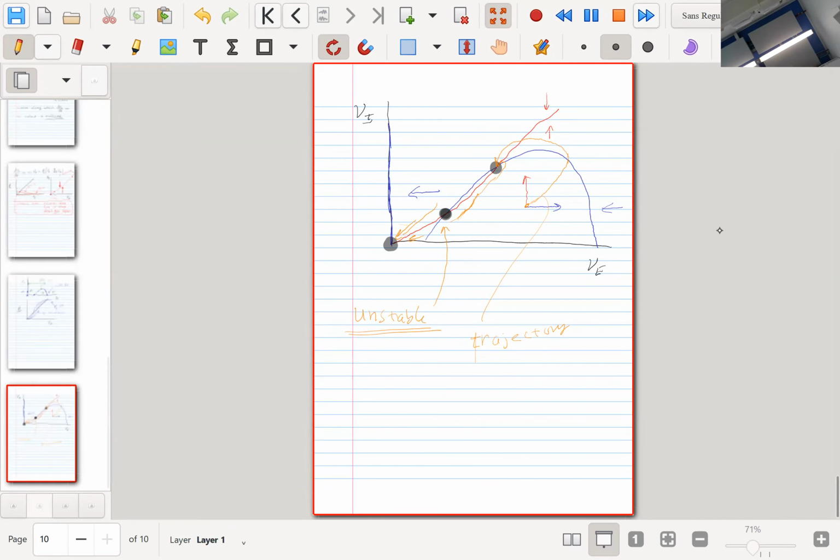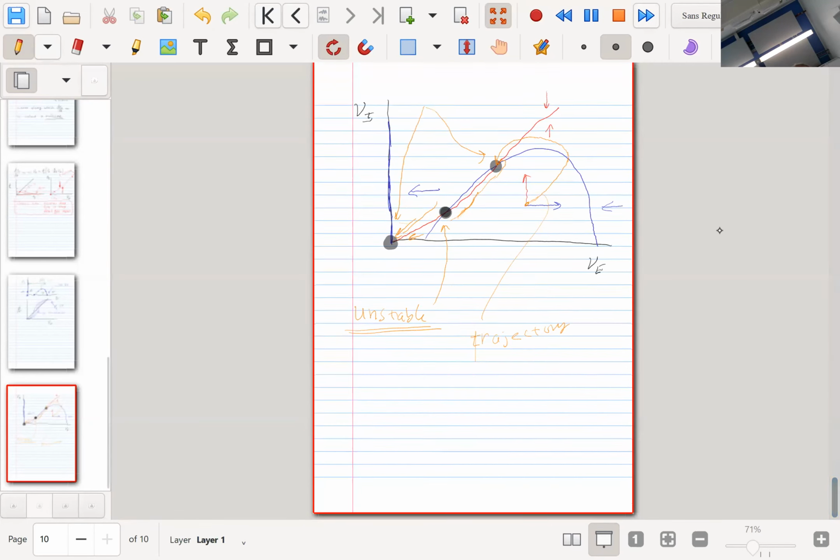Okay. So this picture, what you can see is that the stable fixed points are here, so these are both stable. But in this analysis, you can have a stable fixed point at zero, right?